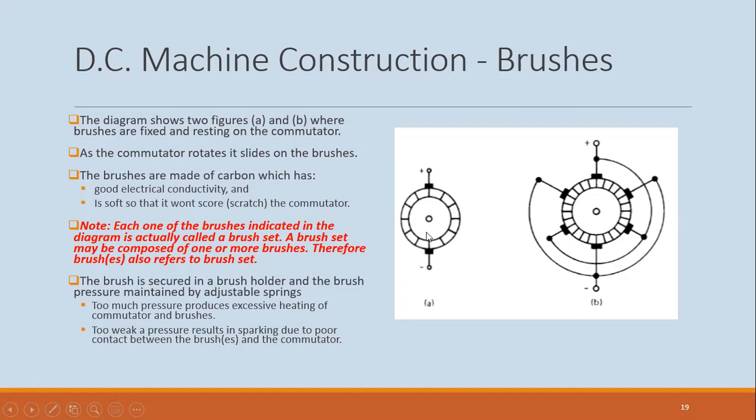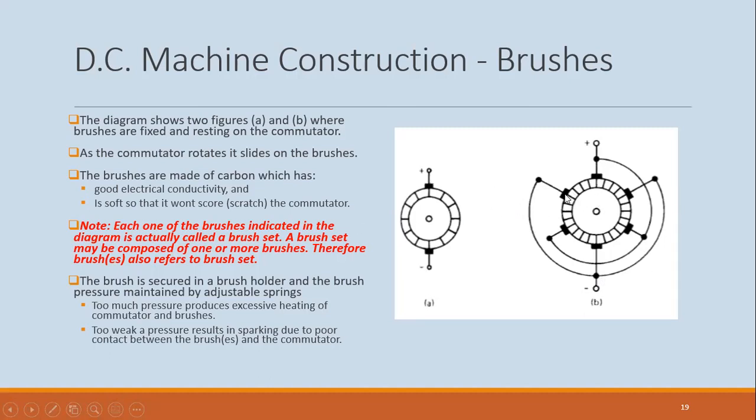So there are 2 brushes here. Now the number of brushes would be equal to the number of poles in the machine. And you will notice that an equal number of brushes are connected to the positive terminal and to the negative terminal.